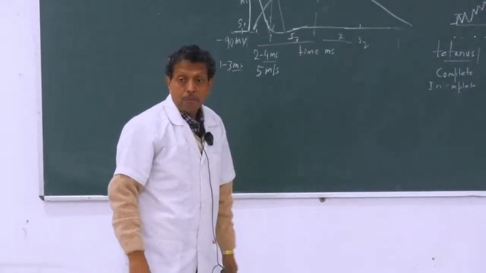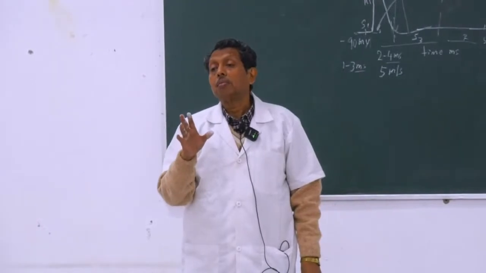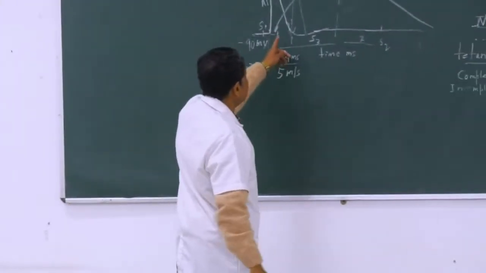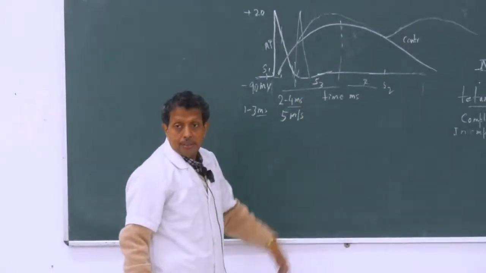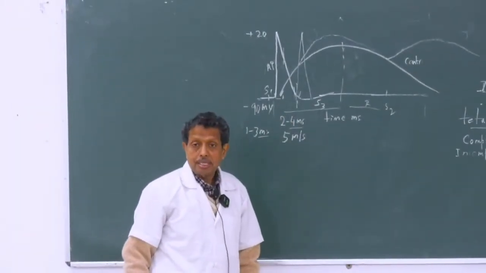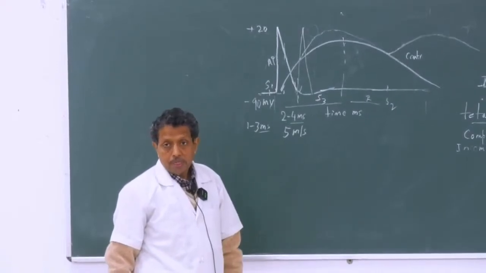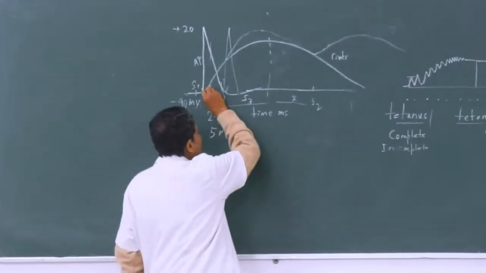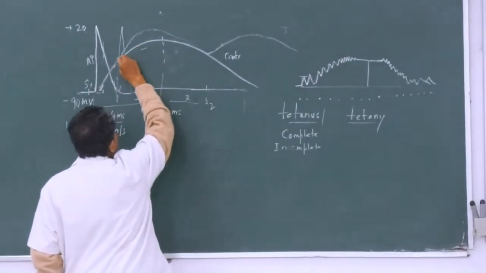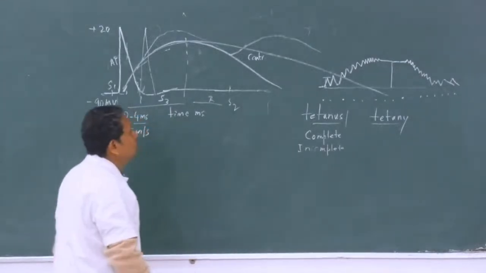And it will depend upon the twitch duration. You see, muscle twitch duration does differ. In some cases it is short, in some cases it is long. Fast muscles, and slow muscles: the twitch duration differs.